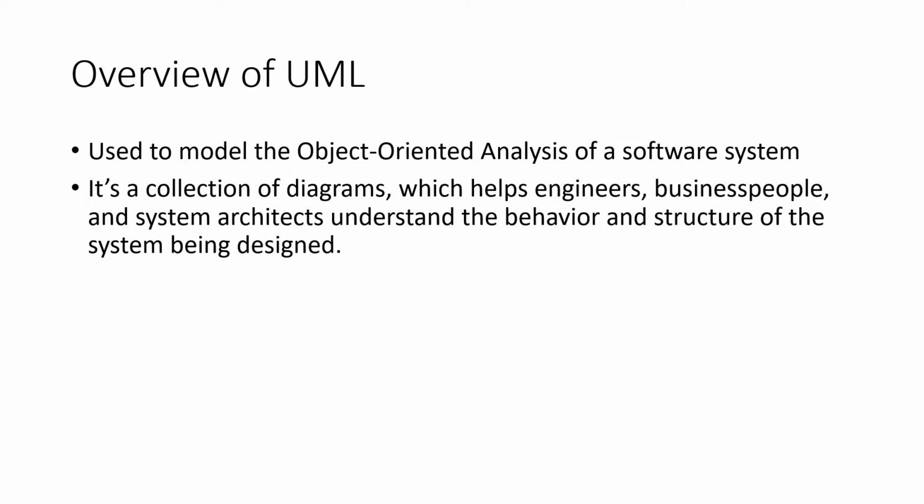Alright, so you have a different set of diagrams or graphical views of your system or components, which will give you different perspectives of your component, like how your system will behave or what the structure of your component is. It's a collection of diagrams in a representation way, so it will also be easy for developers, business people or your architects to understand what sort of function this component is intended for, right?